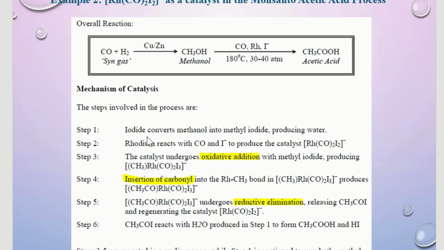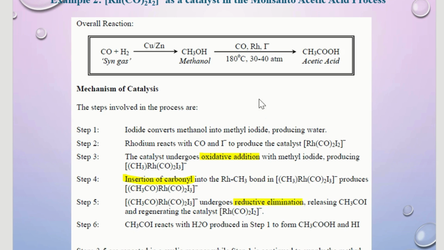So the first step does not involve our transition metal, but it is the starting material step to produce the methanol. Steps 3 until 5 are repeated in a cyclic manner, while step 1 continues to supply the methyl iodide, with a byproduct of water.